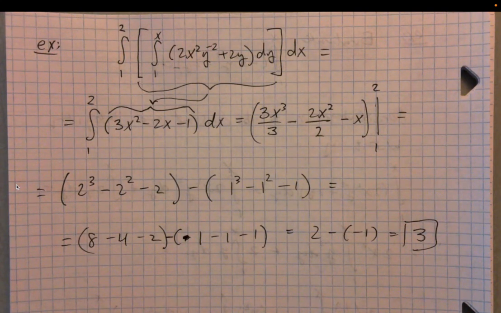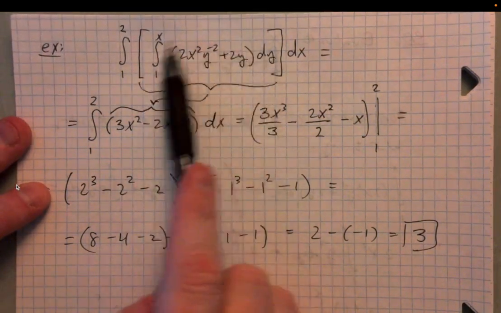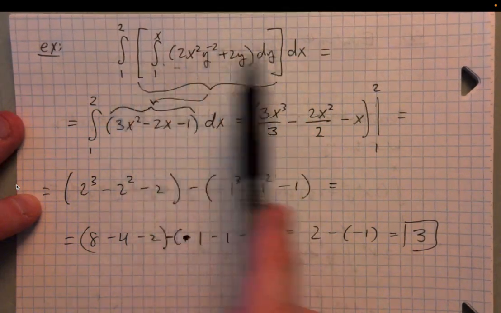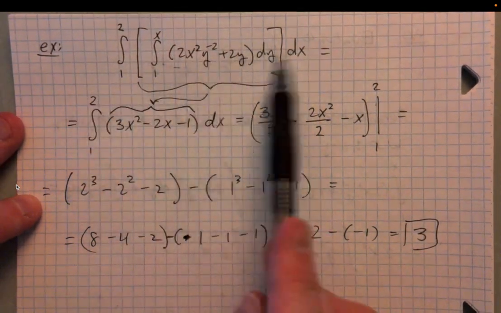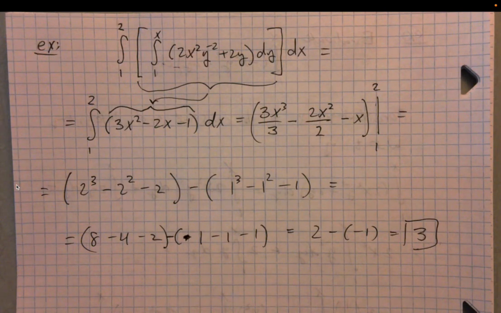Okay, and so we usually talk about this in the sense that this is the inside integral, and this is the outside integral. Inside, outside. This should be pretty obvious. These are typically written without brackets.